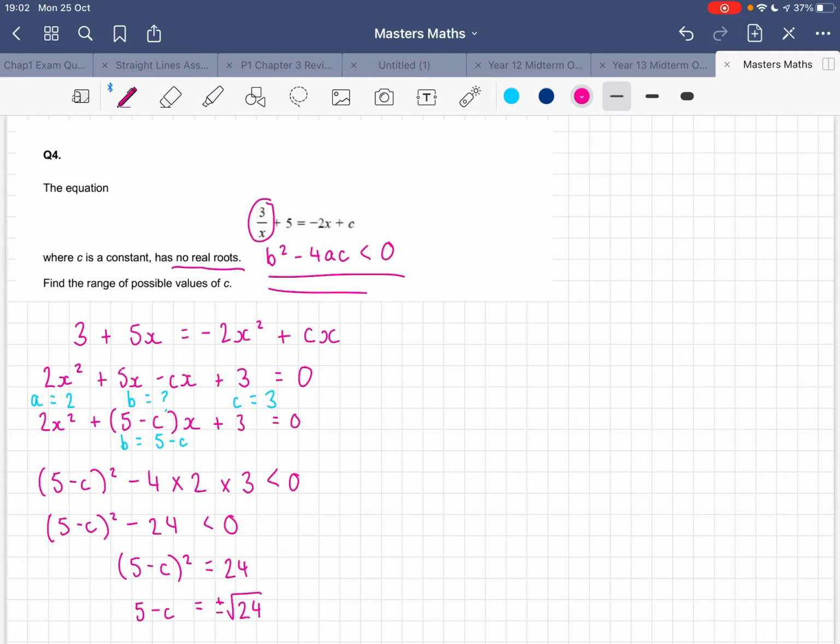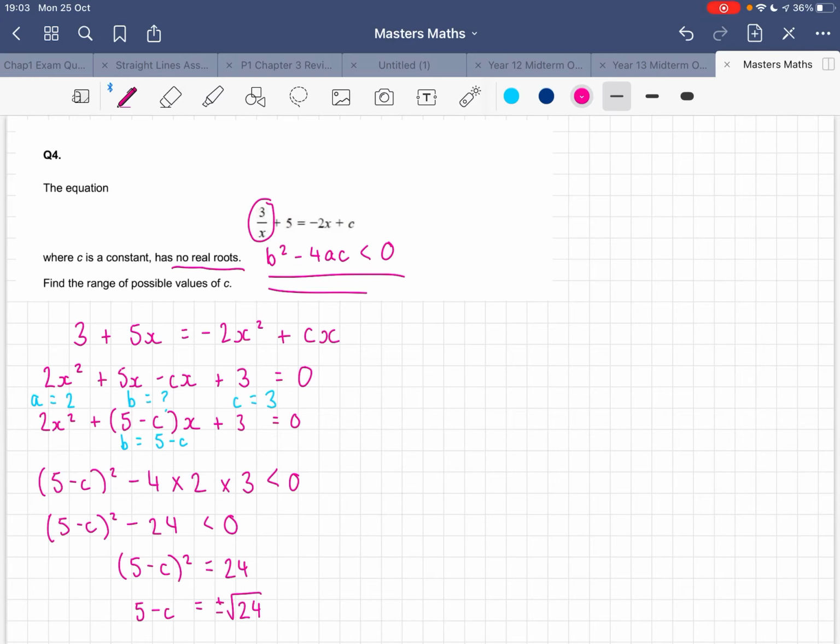Because when I'm square rooting and getting two values, if that's still an inequality, my inequality is going to split into 2 because I have 2 values. I can't have 5 minus C is less than plus root 24 and negative root 24. That doesn't make sense. So I'm just going to solve it as if it's an equation, and then I'll deal with the inequality at the end.